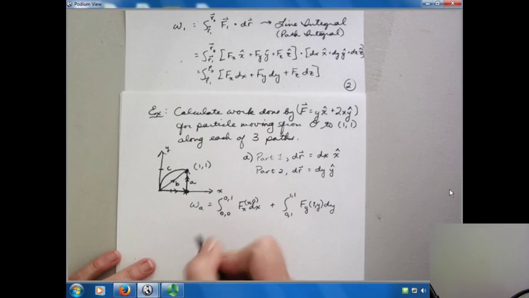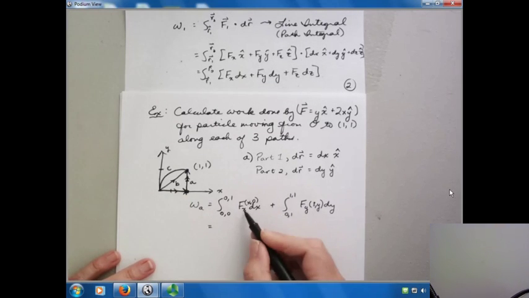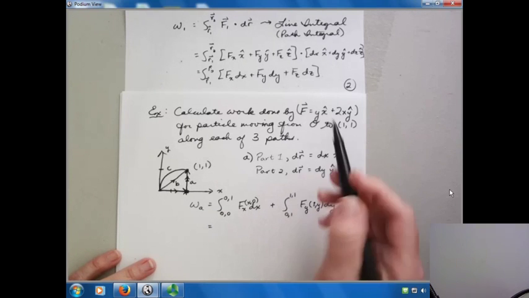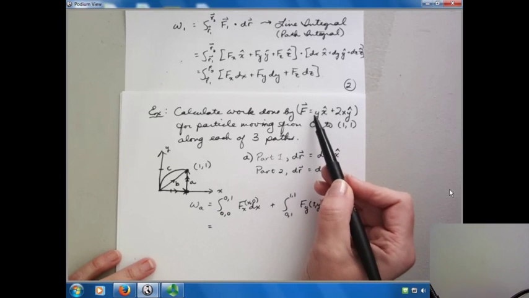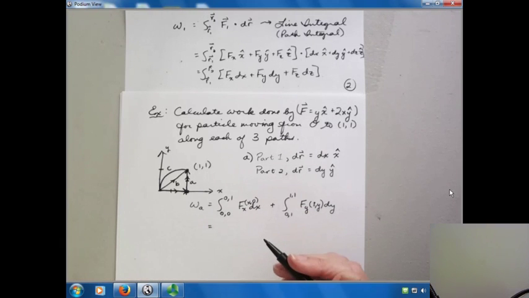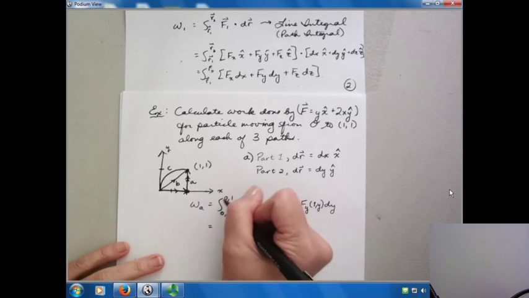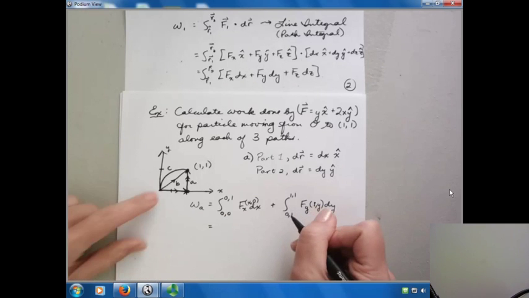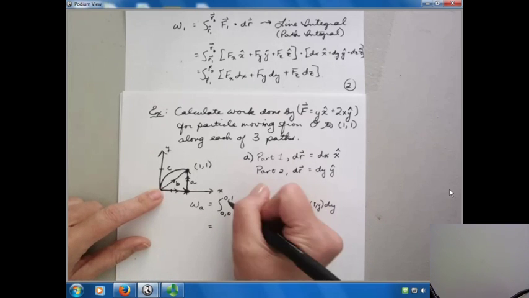So let's go ahead and evaluate some stuff here. The x component of force is equal to the y component of location. And in this case, the y component of location... yeah, that's wrong. All right, so I went from (0, 0) to (1, 0).